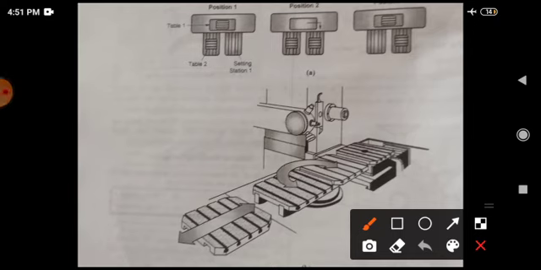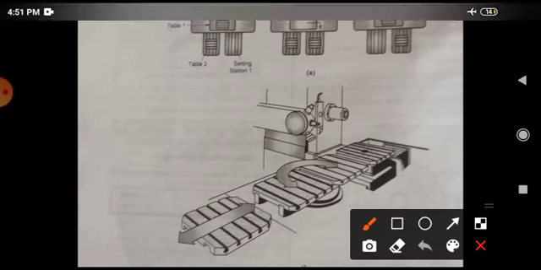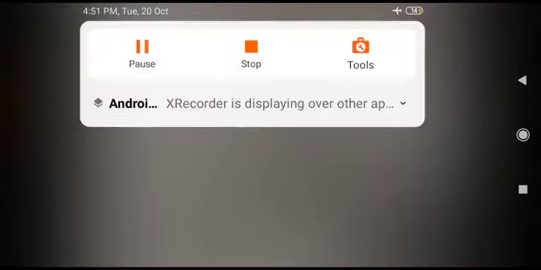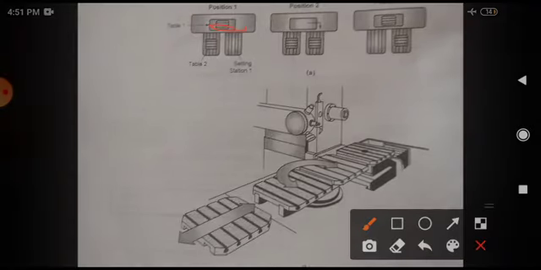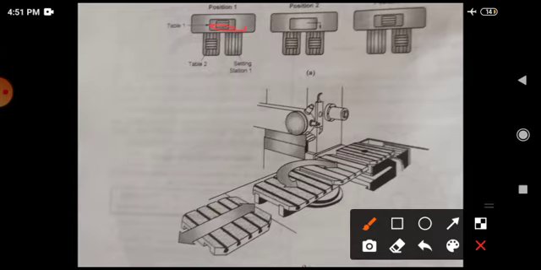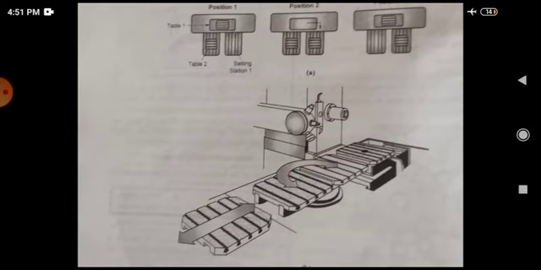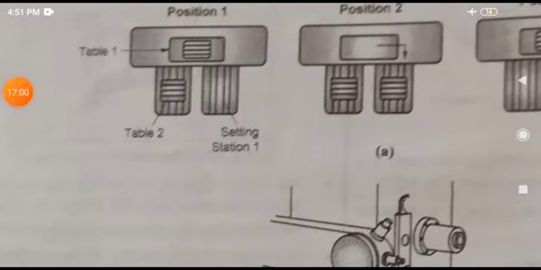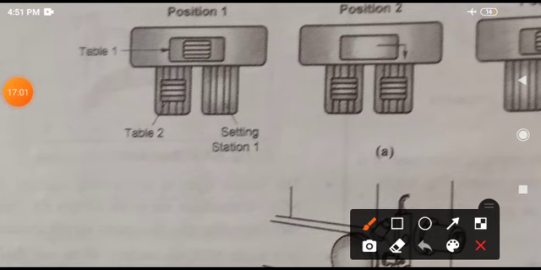Let the machining of the first part be taking place here. Now after finishing this machining, the part will move here. At this location it will be located. Once this part is finished, it is shifted to this position, and then next this part is fed to the machining position.